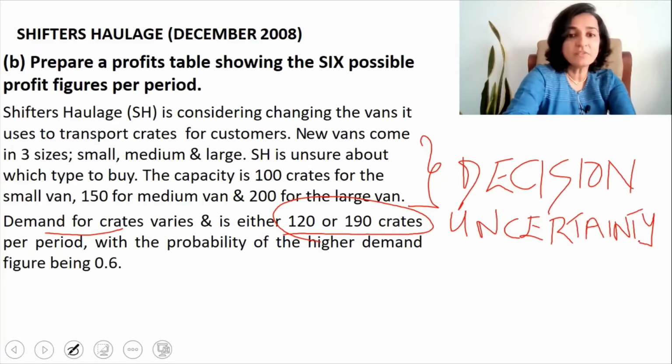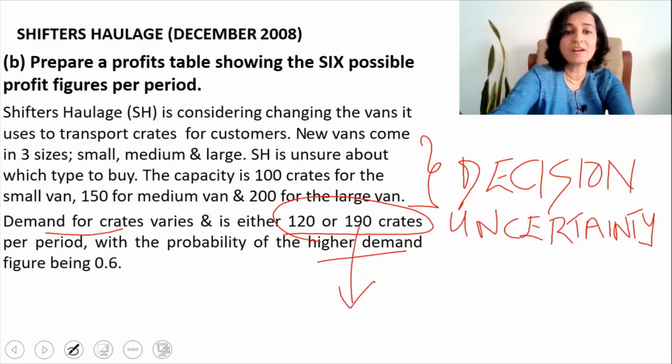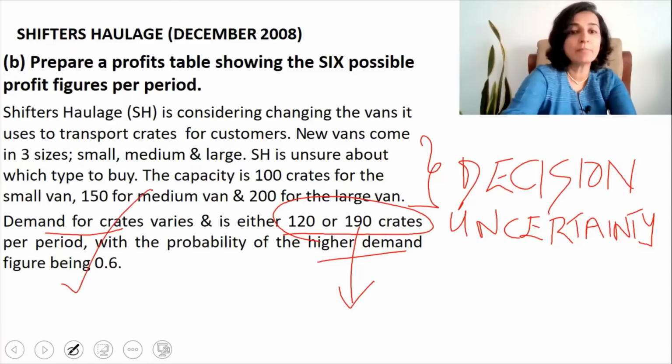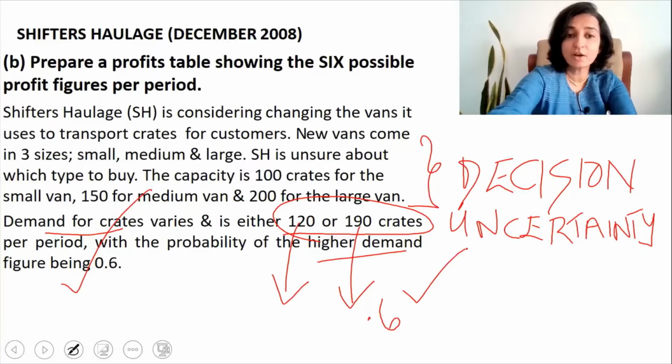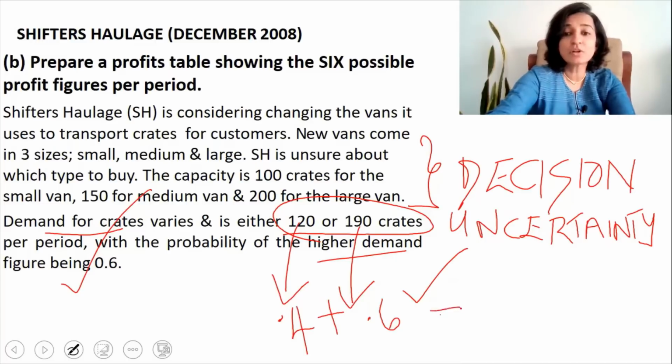The probability of the higher demand, that is 190 crates, is 0.6. So what is the probability for 120 crates? Since the total of the probabilities should add up to 1, if 0.6 is for 190 crates, then obviously the demand for 120 crates should be 0.4. Only then will the total of probabilities be equal to 1.